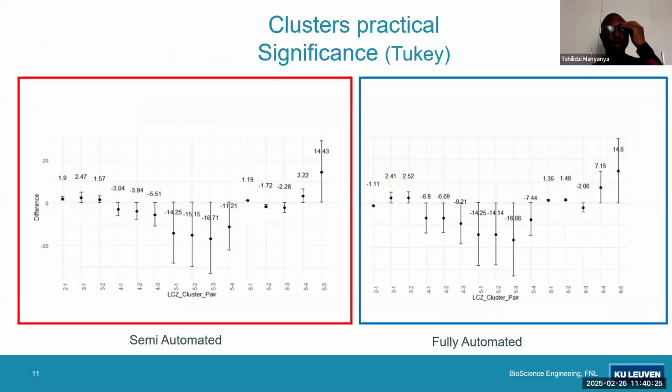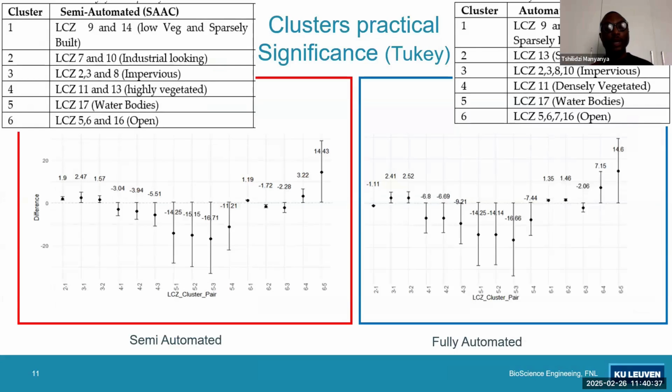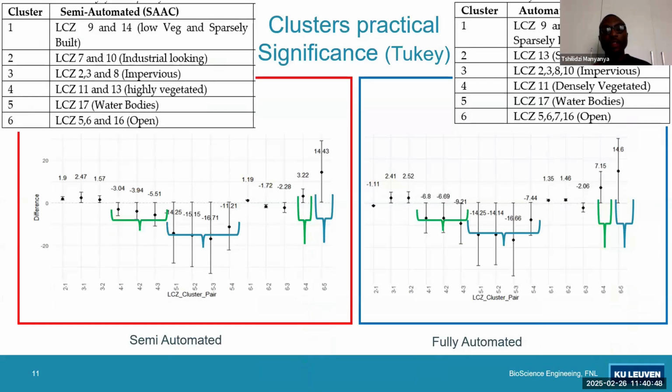Then we put it through another round of the cluster practical significance analysis, which is another round of Tukey's post hoc test. And I'm just going to bring those back so you can follow up on what the clusters contain, what they look like.